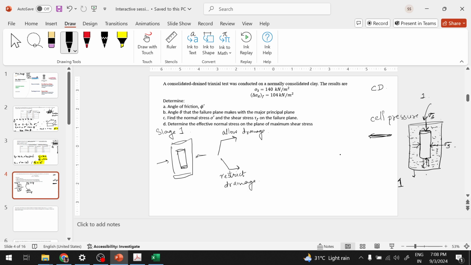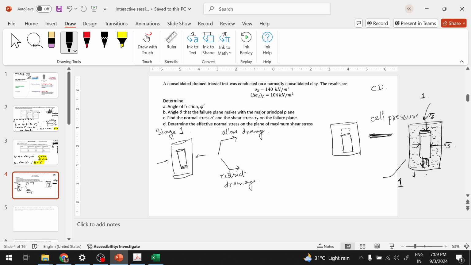If I allow drainage, water will squeeze out of the pores and the volume of the sample will change. I will get a sample that is reduced in volume. If initially it was this much, I may get a sample that is this much if I allow drainage.